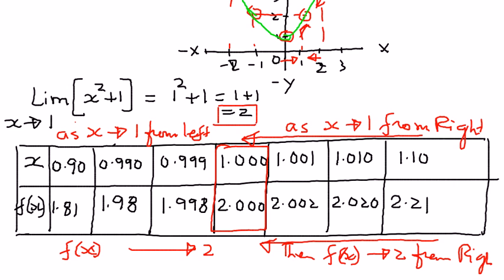And therefore, as x approaches 1 from the left, I'm going to draw an arrow like that, the function f of x approaches 2 from the left. And the same thing from the right as well. As x approaches 1 from the right, the value of the function approaches 2 from the right as well.